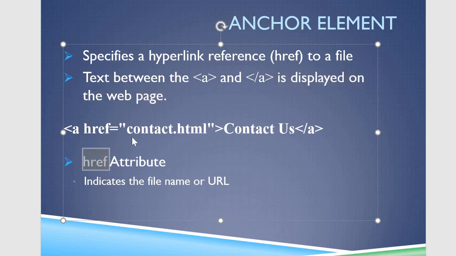Then href is an attribute that indicates the file name or URL. You can see the file name contact.html, or www.google.com, or www.jasan.edu.sa, like that. This you have to study.